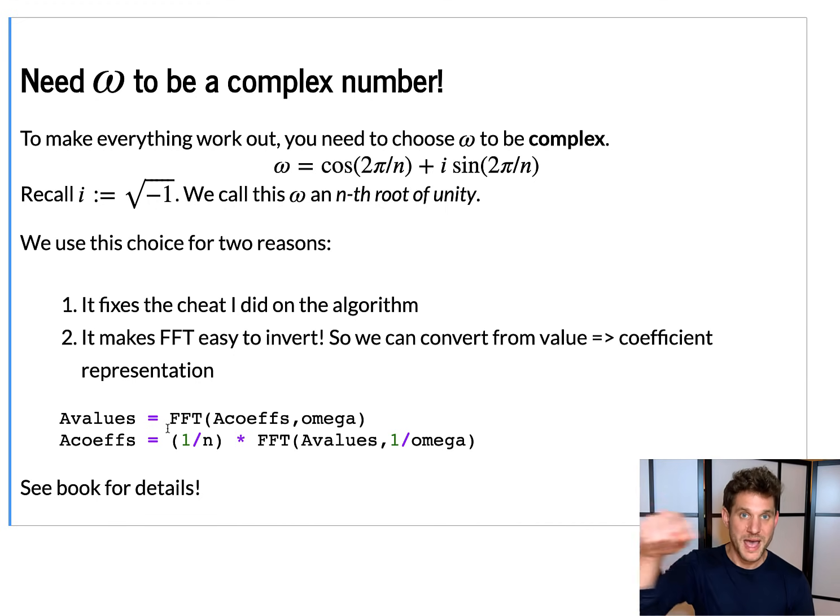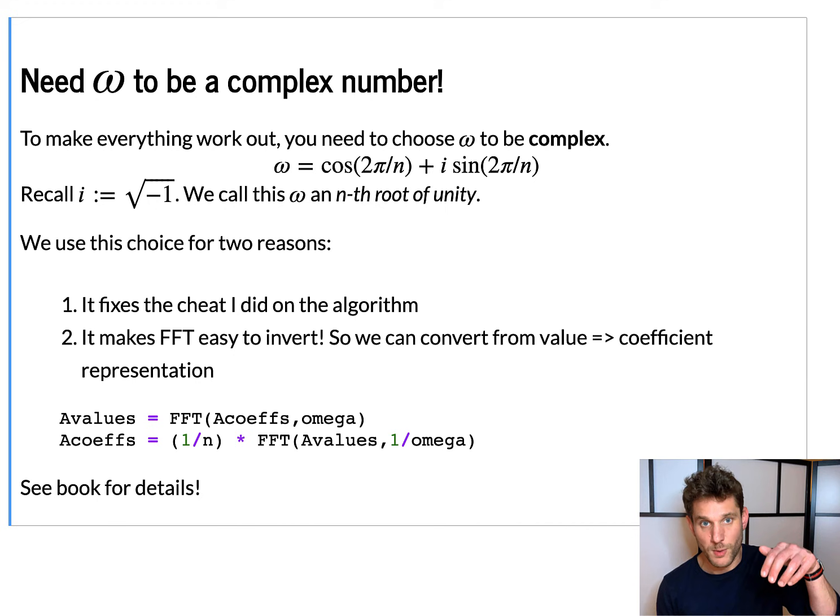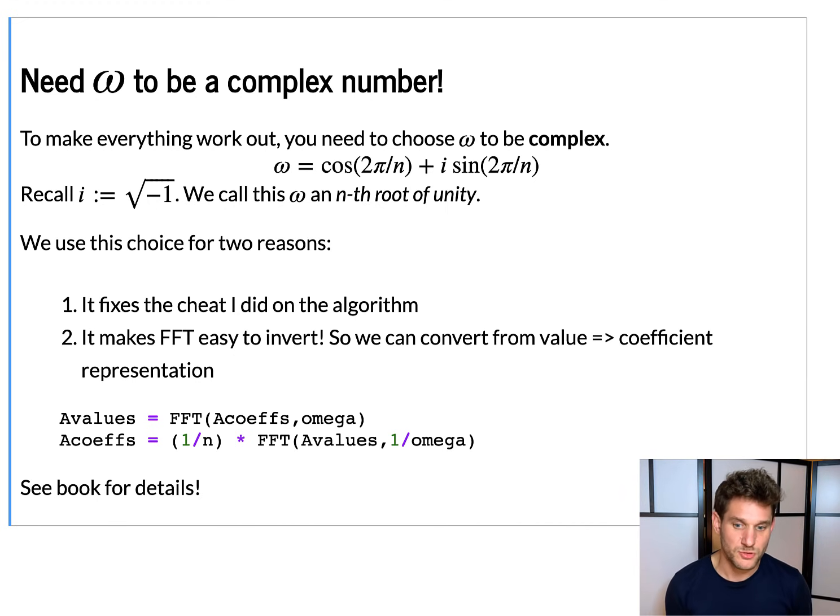But again, you can now go back and forth between the coefficient representation of a polynomial and the value representation. I suggest you see the book if you want to understand the details of this. To prove this, you do need to do a little bit of work and show that you have what's called an orthogonal matrix, and it's tricky. But I'll let those who are interested look up the details of that.